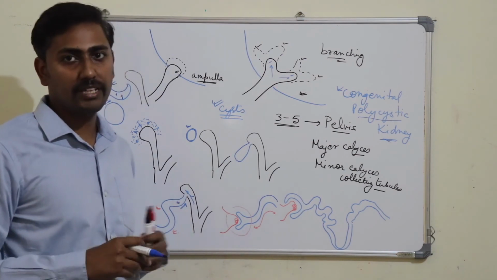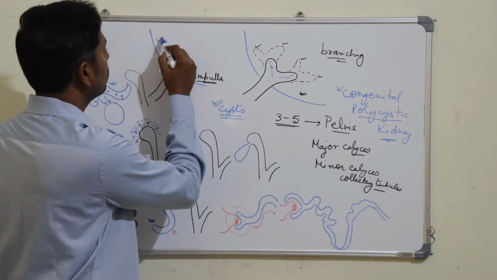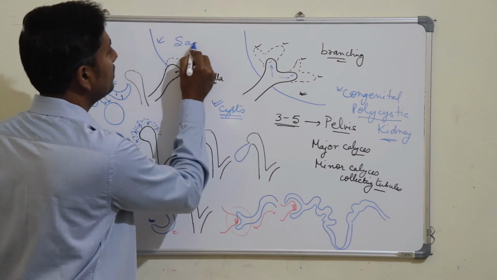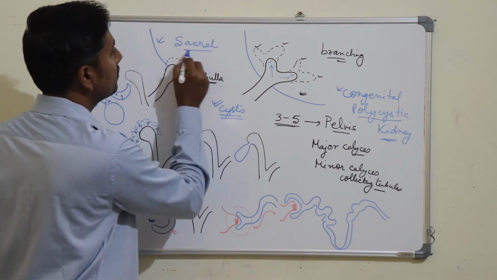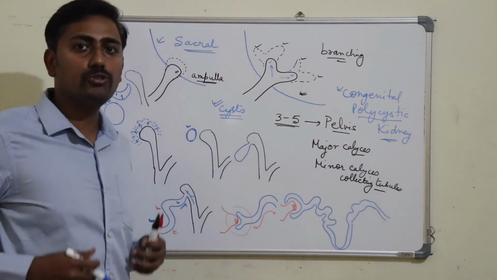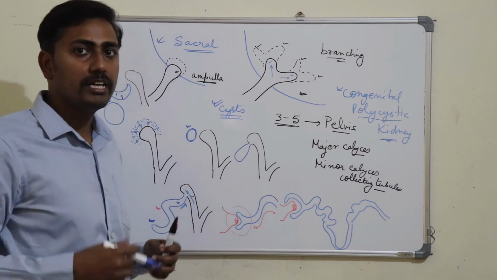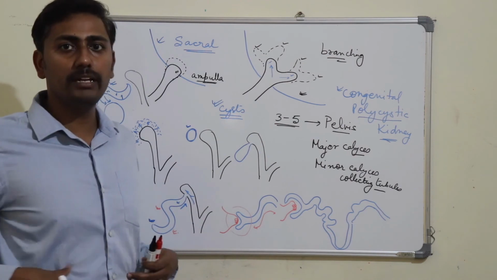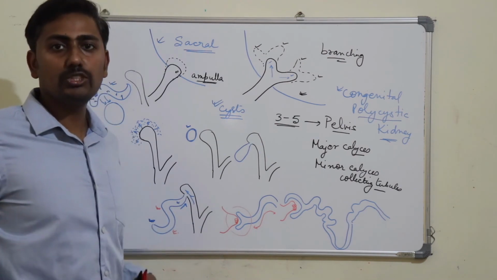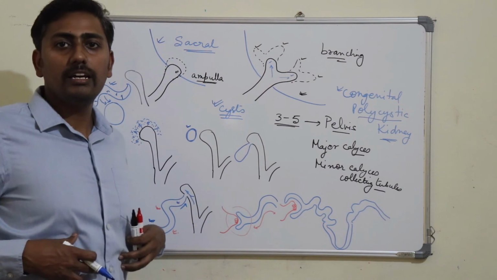Now the ascent of the kidney. Since the metanephros was present in the sacral region, the kidneys have to ascend up to the lumbar region. This is due to the differential growth of the abdominal wall, which causes the kidneys to extend towards the lumbar region.